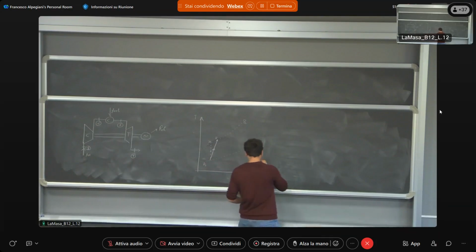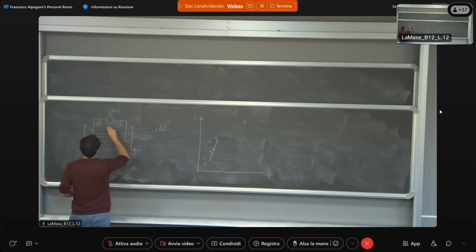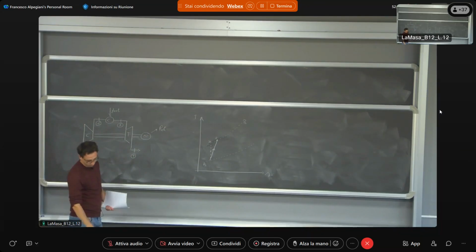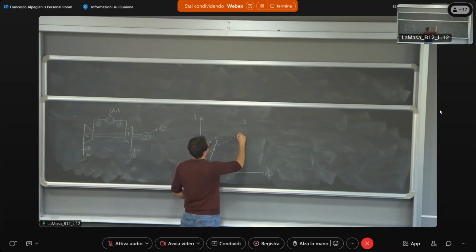After that, we have a combustor, and in the problem it is given that inside the combustor there is a pressure drop. So essentially, we lose some pressure inside, and so we need to draw another line, which will be P3.